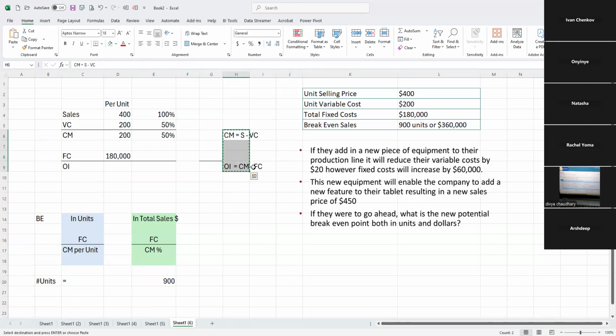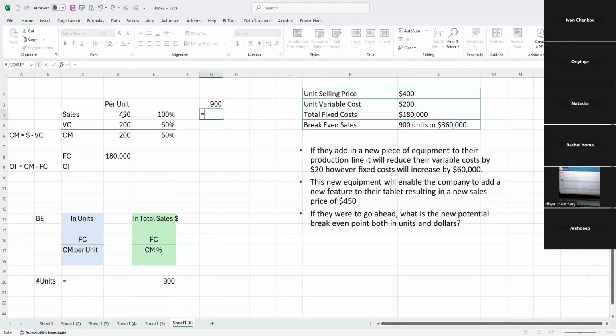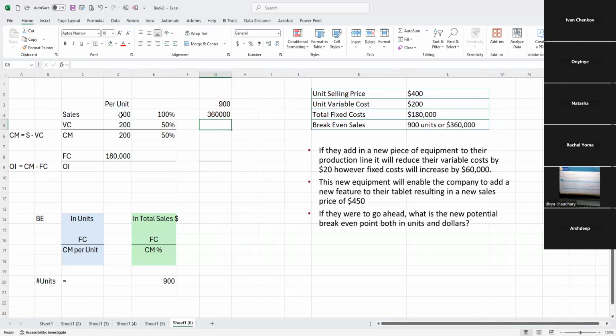Do we have to check it or are we going to trust it? Let's check it. 400 times 900 is going to give us this one, 360,000.